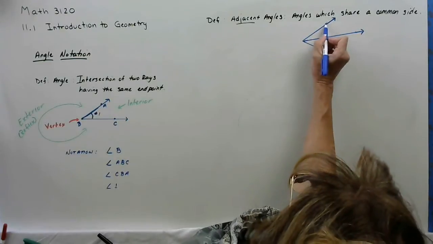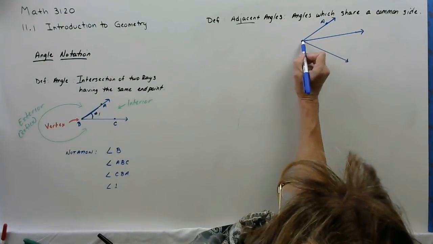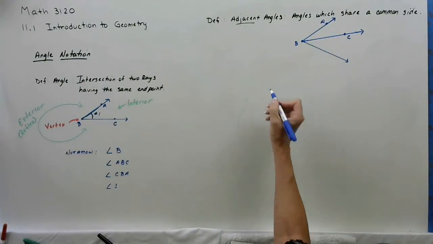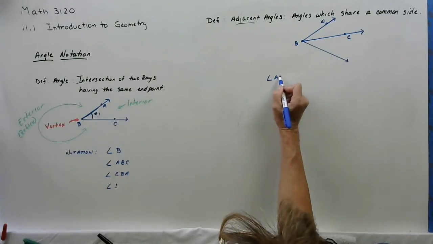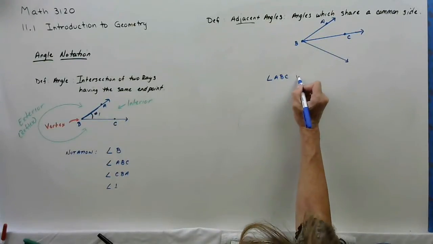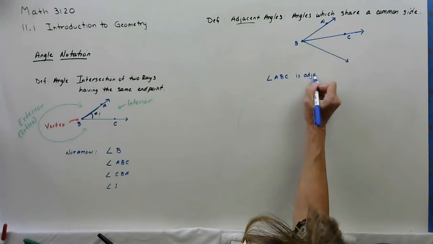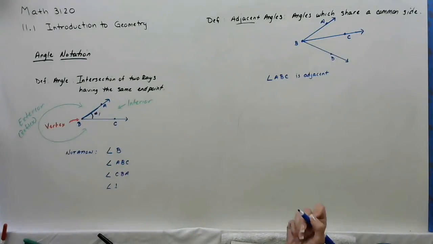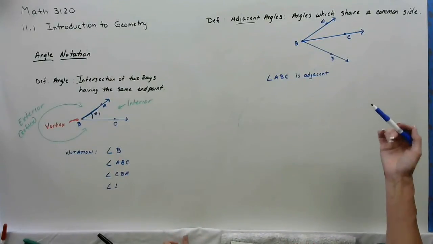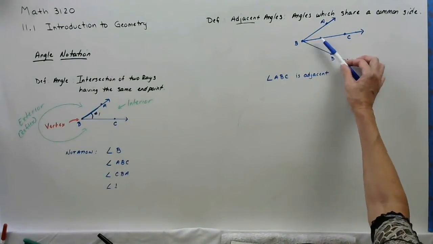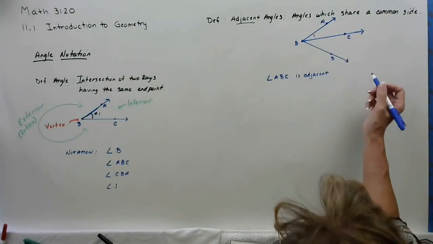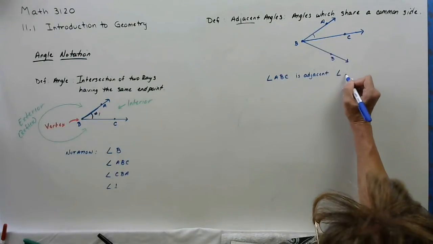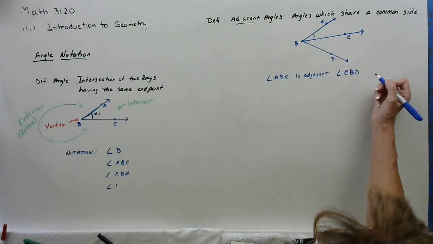So I'm going to label a point from A to the vertex B through point C. So I could say angle ABC is adjacent to, and let's put D on the other line, because now we can continue where we left off from A to B to C. So there's this angle, and we could leave off from there and go from C to B to D. Angle CBD.